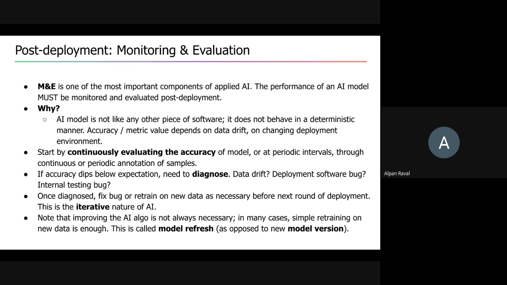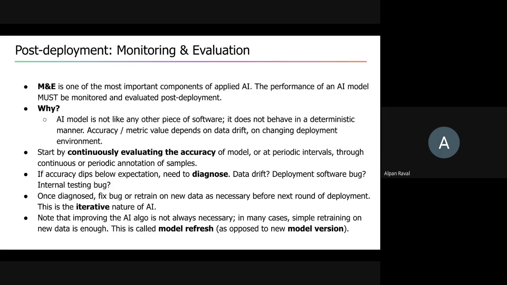By continuously, I don't mean every day or anything like that, but at least periodically evaluate. You must evaluate the accuracy of the model at periodic intervals through annotation of data, right? And you don't have to annotate all your data, otherwise the model would be useless; if you had to annotate everything, you wouldn't need to use AI.